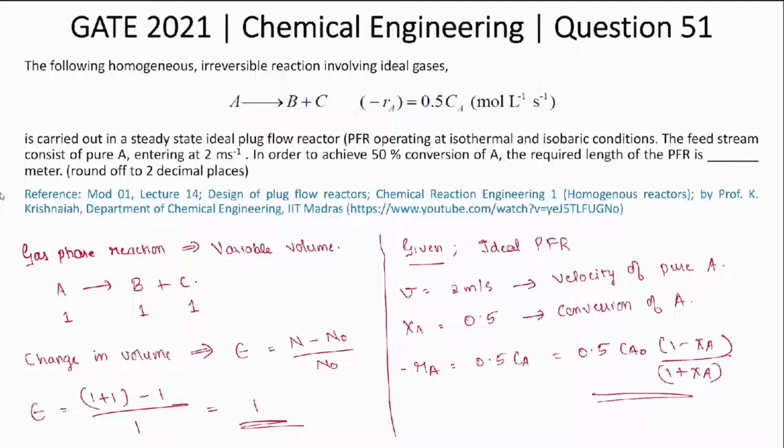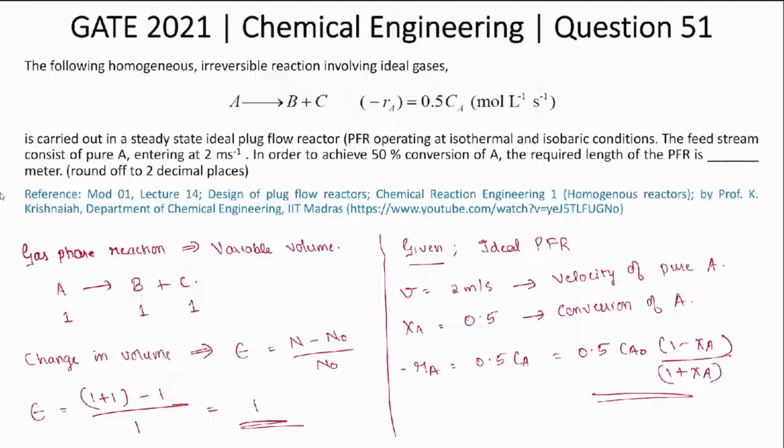And since epsilon is 1 here, it will be CA0 into 1 minus XA by 1 plus XA. Got it? So let's say if the epsilon here was something like 0.5, then it would have been CA0 into 1 minus XA by 1 plus 0.5 XA, right? So since the epsilon is 1, we get our rate equation in this form.